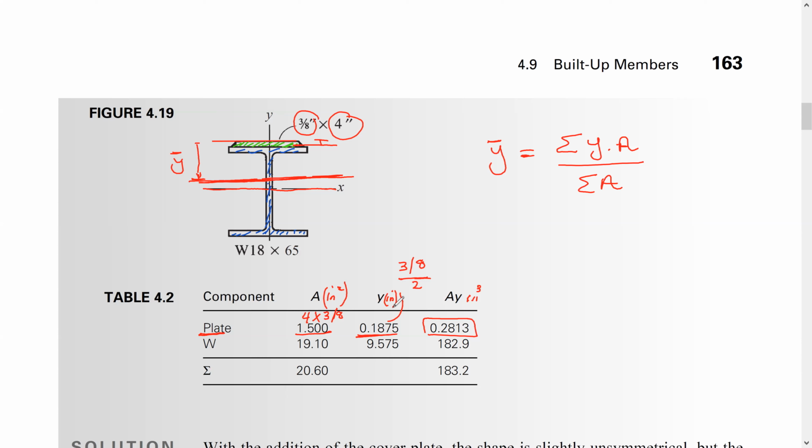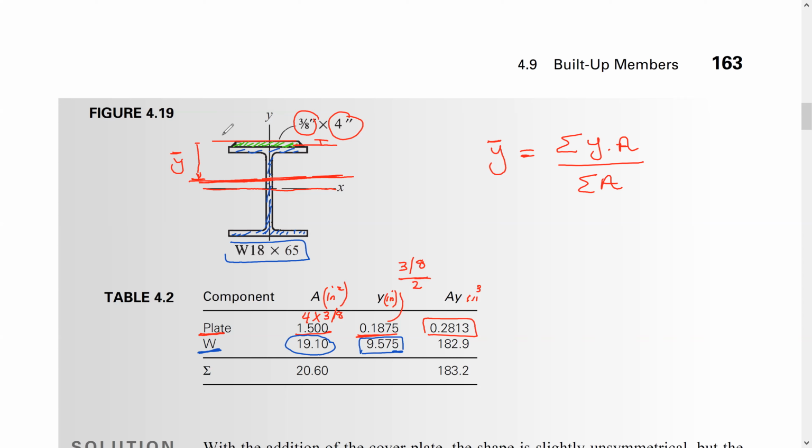Okay. Similarly, if we do that for the wide flange, the area of the wide flange we can get from the manual. So go to the manual, part 1, wide flange 18 by 65, you will get the area 19.10, and the y here is equal here. This one, guys, just pay very close attention to this.